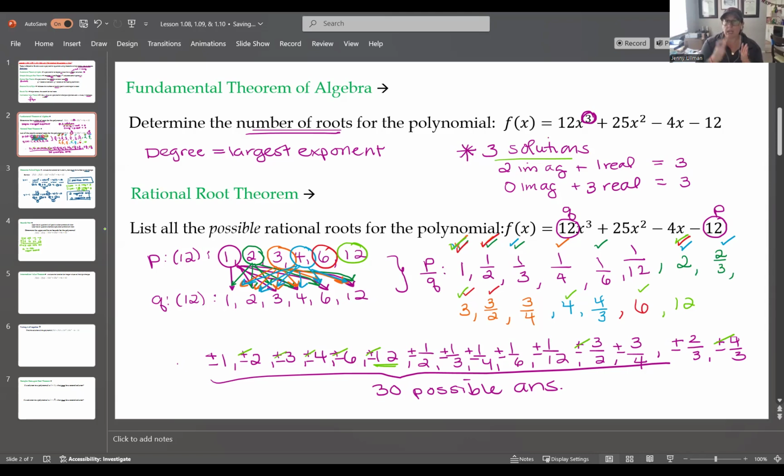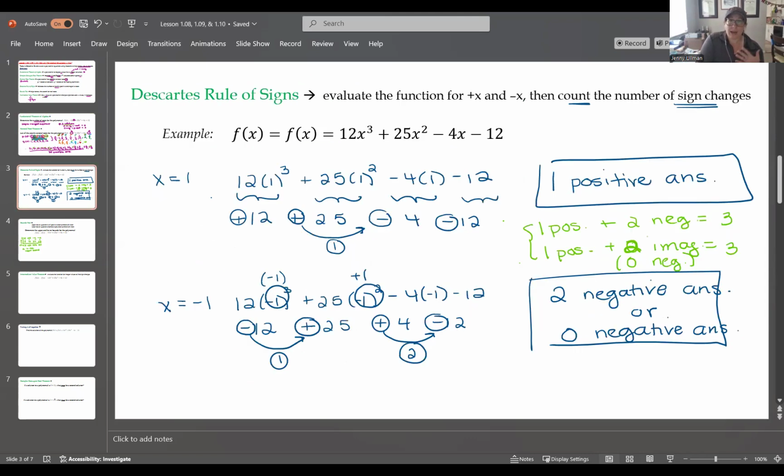Any number that is bigger than 1, chuck it. It cannot be an answer because we said 1 is the upper bound. We also know that we only have one positive answer. So we're looking for something between 0 and 1. Because if nothing can be bigger than 1 and it has to be a positive number, we're limited to somewhere between 0 and 1. So probably one of those fraction choices is going to be our answer.